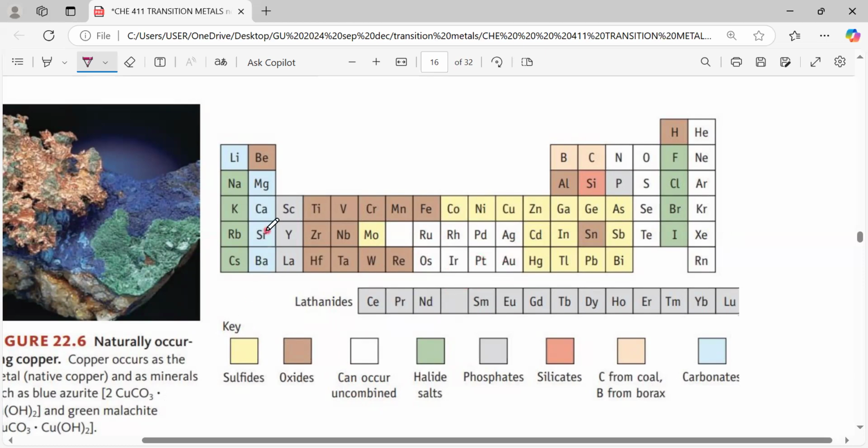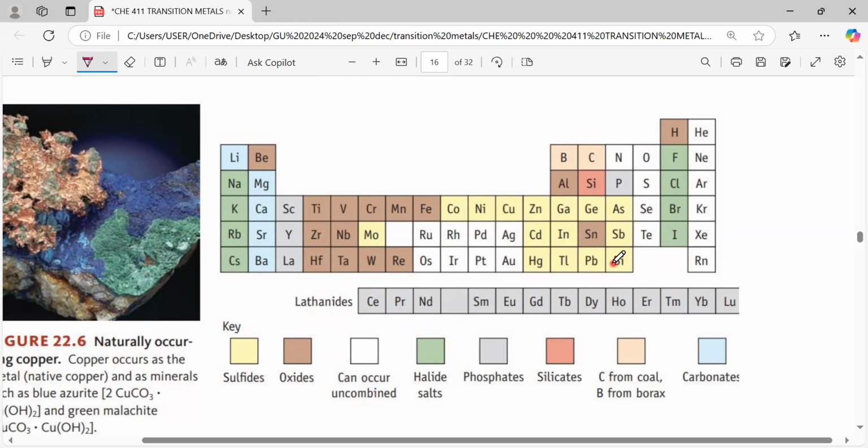Then we can see others that occur as salts, mainly group 1, but our interest today is more of this group, transition metals. So transition metals, either they are free, pure in nature, or they are oxides, or they are sulfides. Those three categories: oxides, sulfides, or pure in nature.